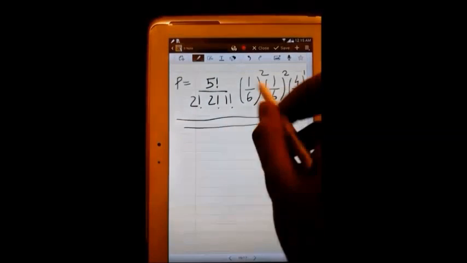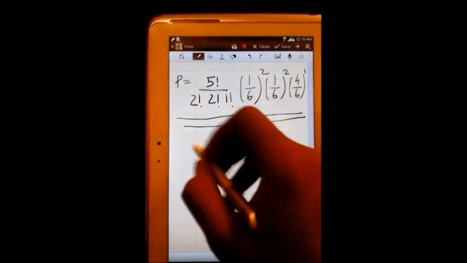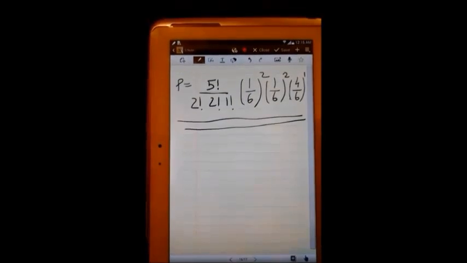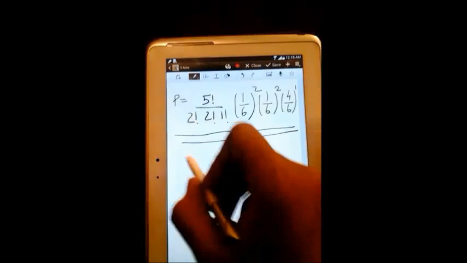Now, from this we can get the idea of the generalized form of the Bernoulli's trials.